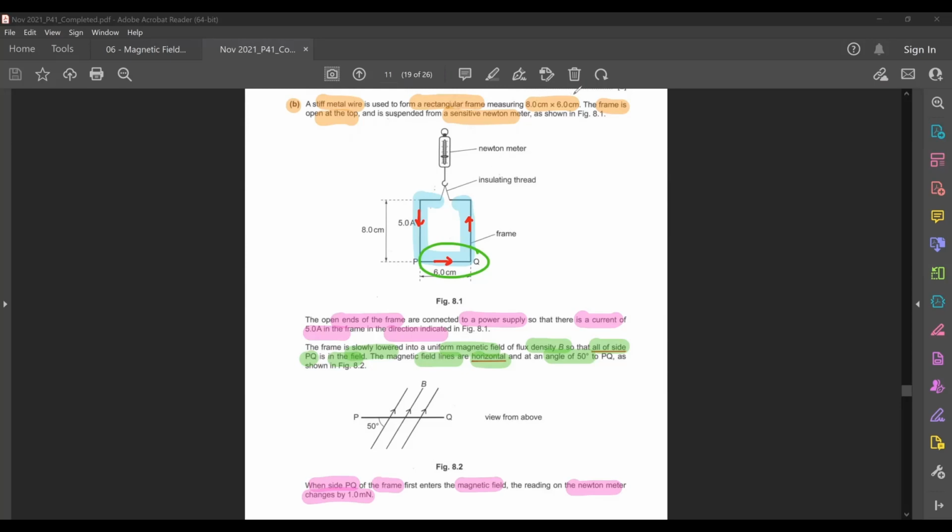If you were to view your wire from above, this is what you would expect to see. Your section of wire PQ is right over here, and then your magnetic field is over here, making an angle of 50 degrees to the wire itself. Okay, so what does the question want you to do right now?